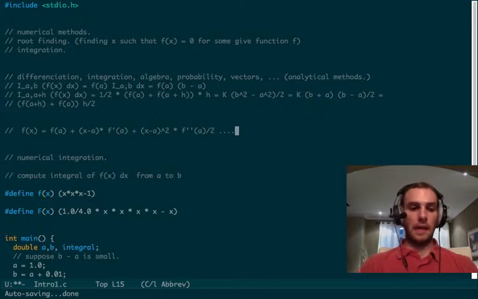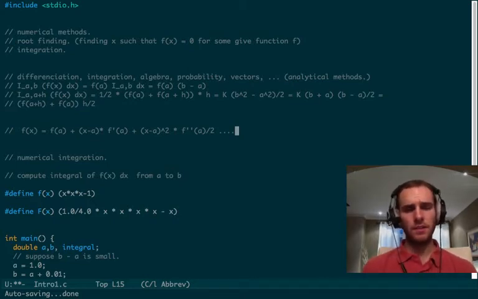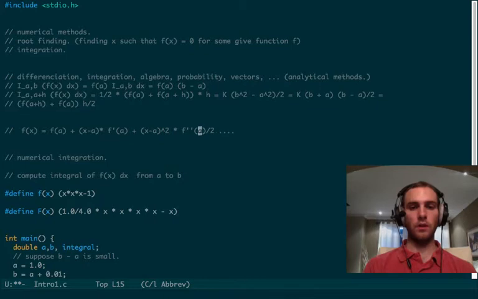So any time that you stop, you end up with a polynomial which approximates your function when you're close to the point around which you expand. So at a, this approximation is exact because x minus a is 0, so it's just f of a.